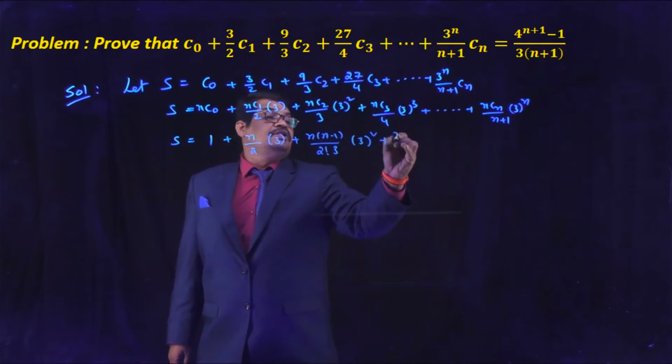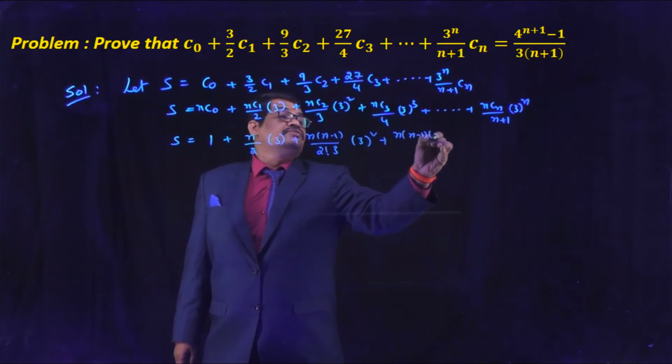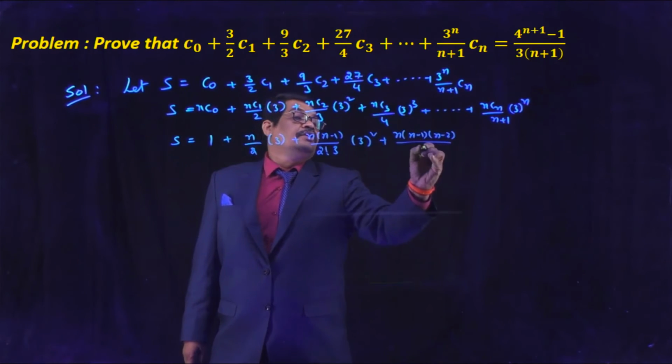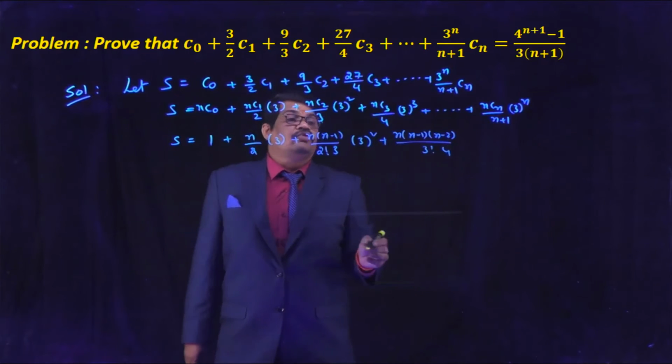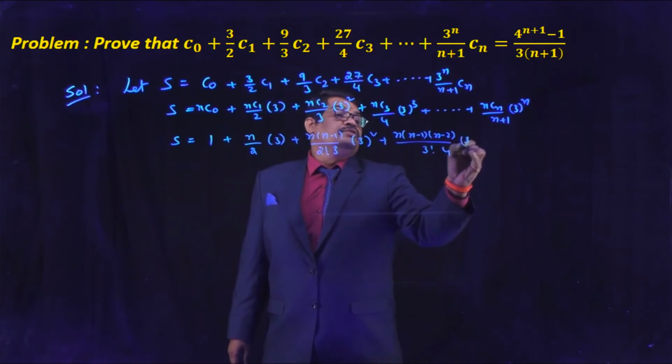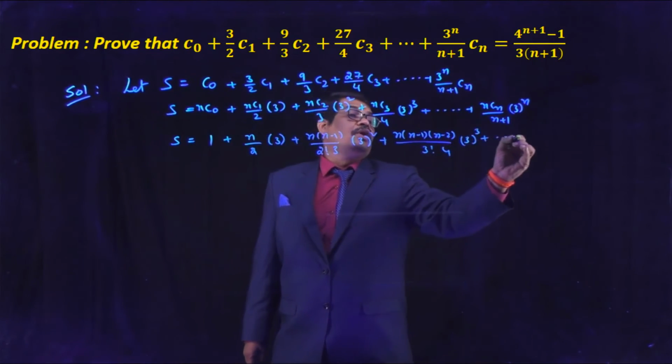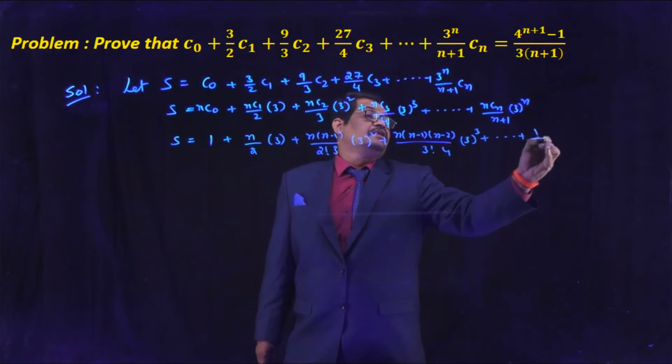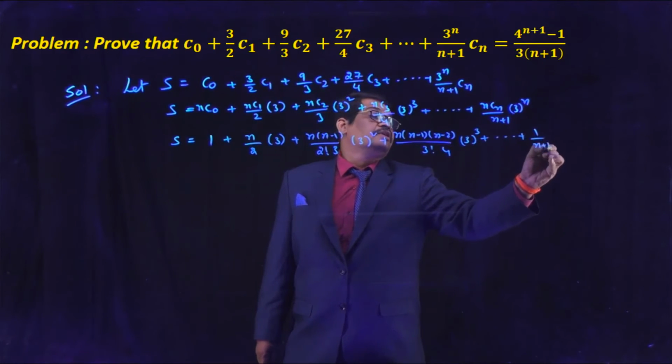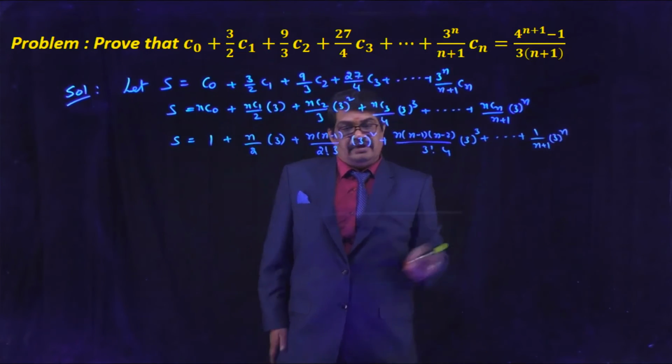What is nC3? n into n minus 1 into n minus 2 by 3 factorial into 4, into 3 cube, plus so on. nCn is 1 by n plus 1 into 3 to the power of n.